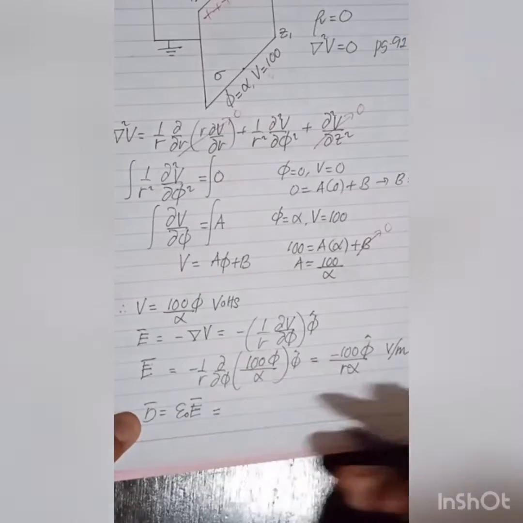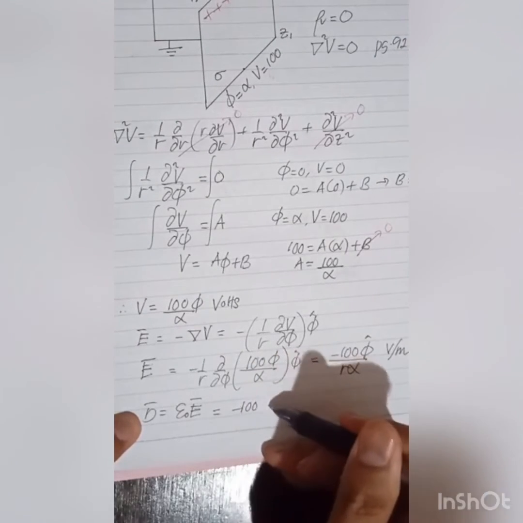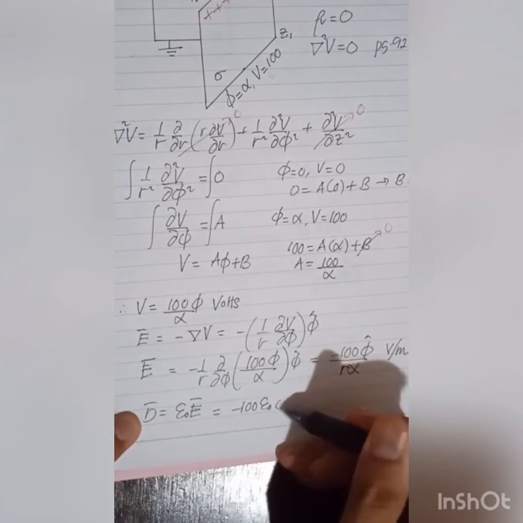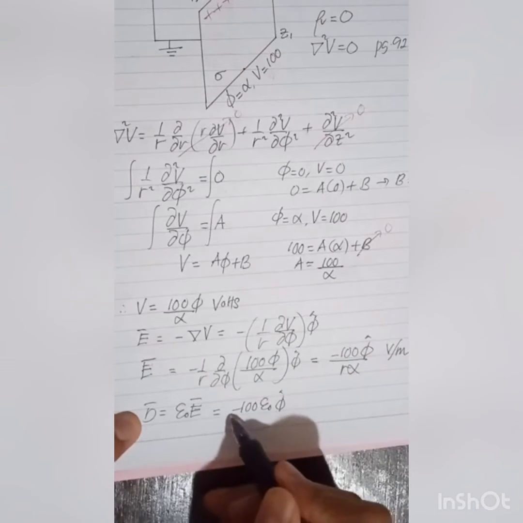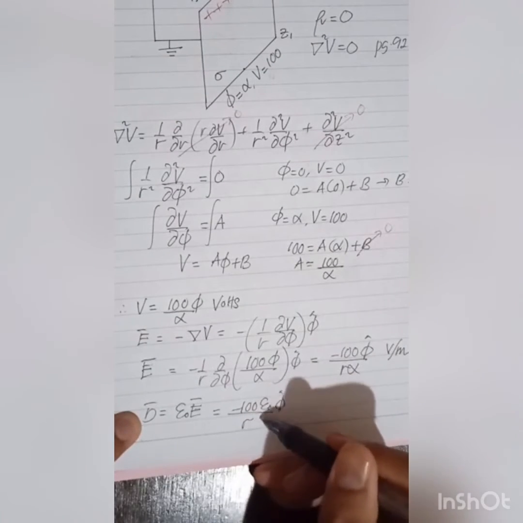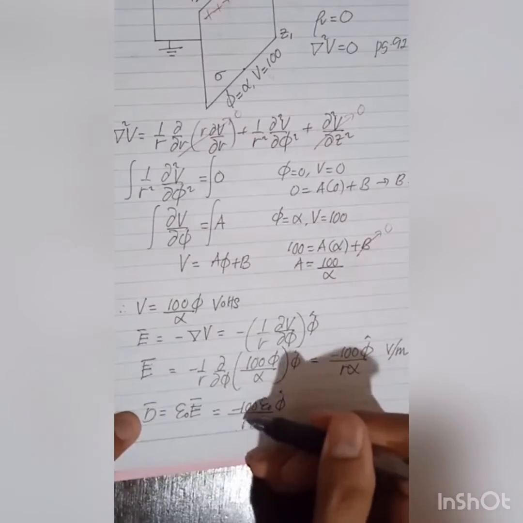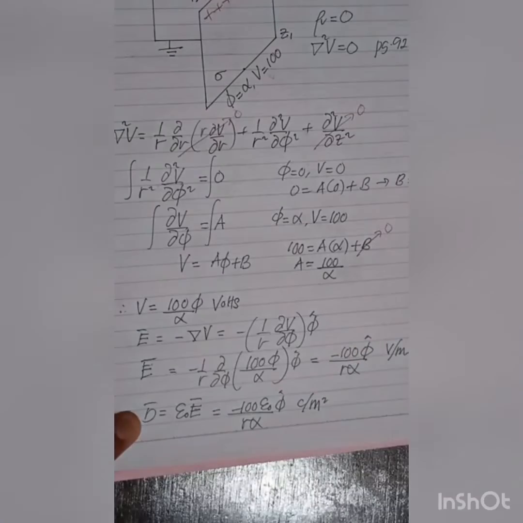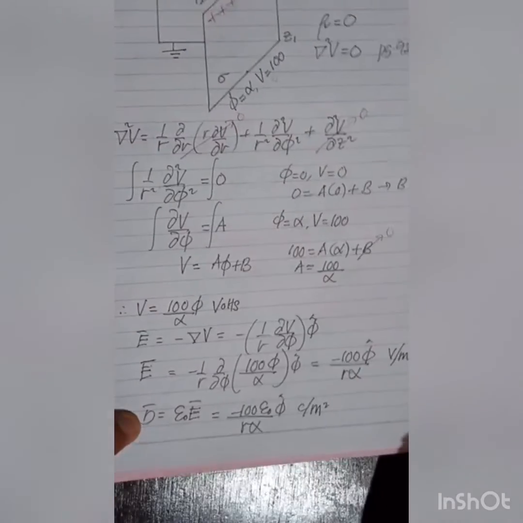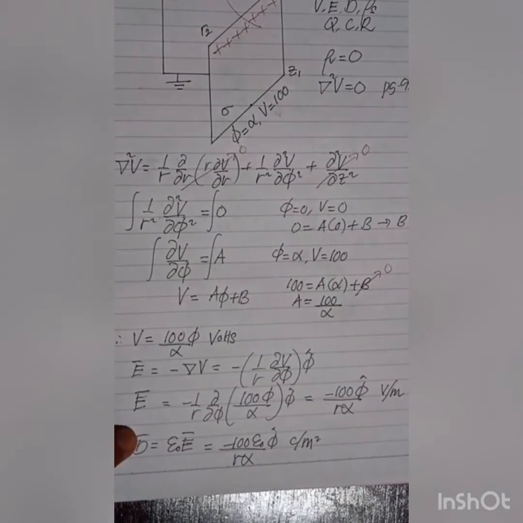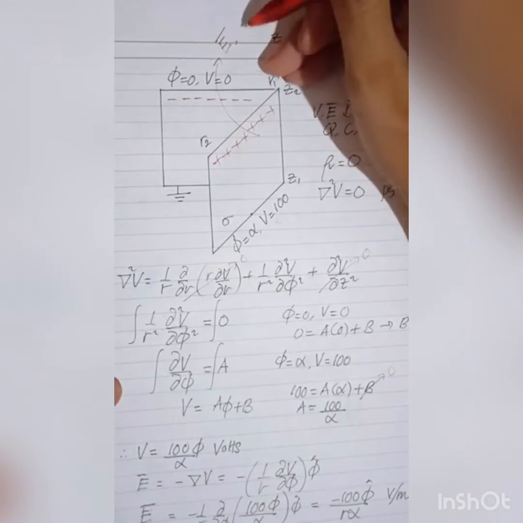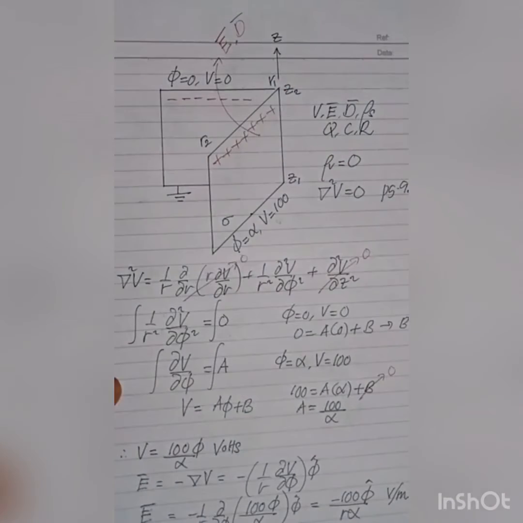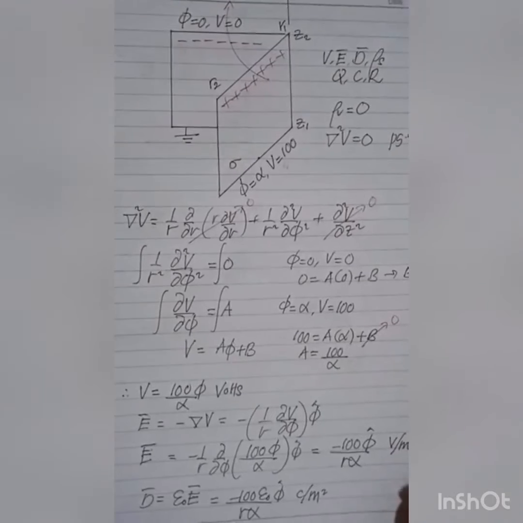You can again find negative 100 epsilon naught in the phi direction over R alpha, and in this case we are going to have the unit of coulomb per meter squared. Again, guys, D also goes in the same direction as E, which is the negative phi direction. So here is also the same direction of D.